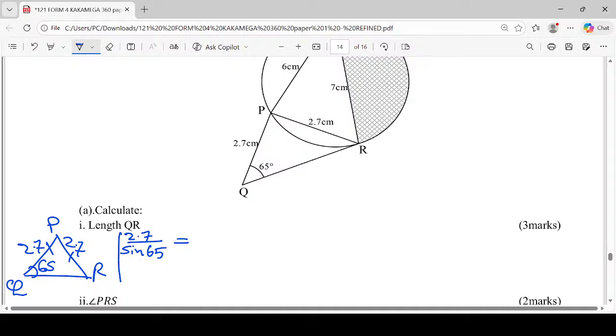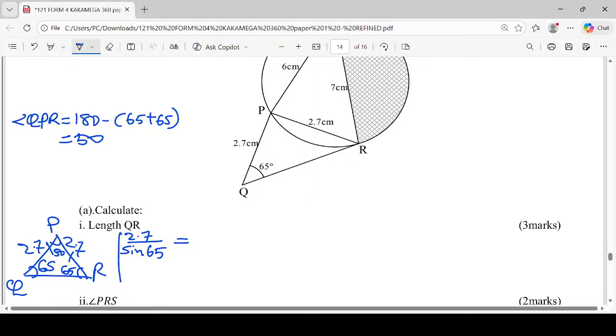So if this is 65, this one also here should be 65. First I need to get this angle. Let me compute angle QPR, which will be 180 minus 65 plus 65. So 65 plus 65 is 130, from 180 that is 50. So the angle at the top here is 50.